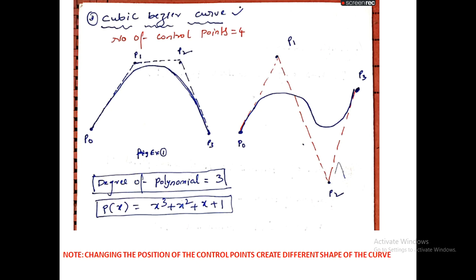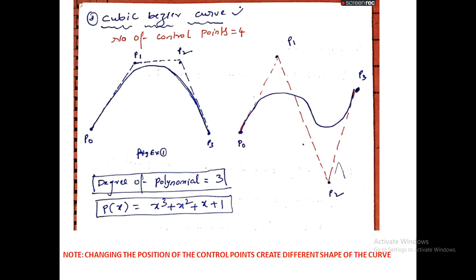In the case of a cubic Bezier curve, the number of control points is 4. When the number of control points is 4, try to see how we generate a cubic Bezier curve. I created one cubic Bezier curve by using 4 control points P0, P1, P2, P3.